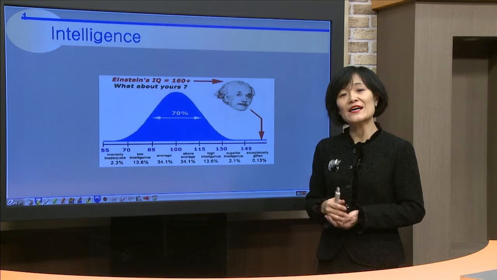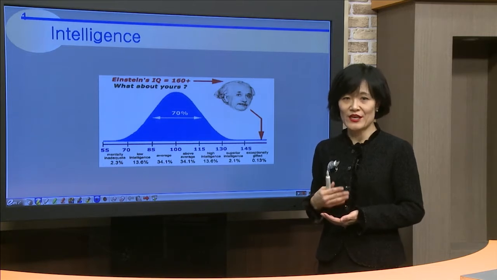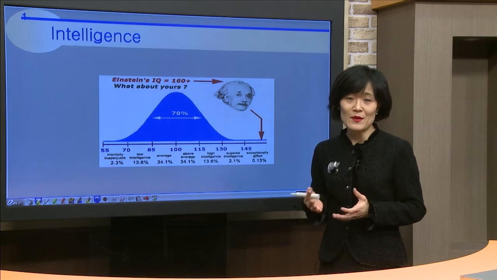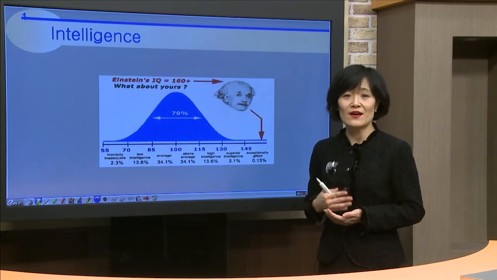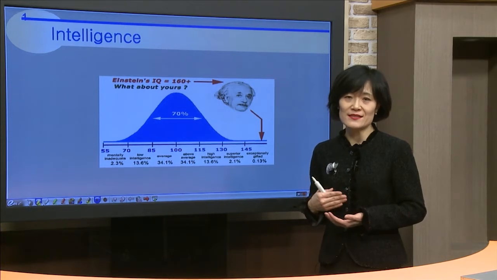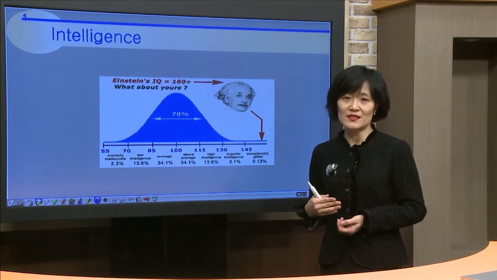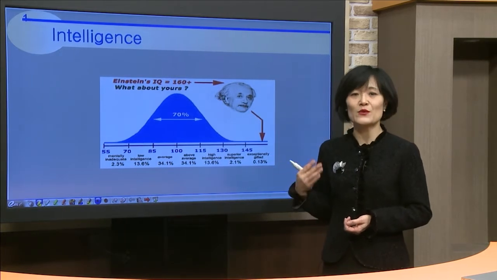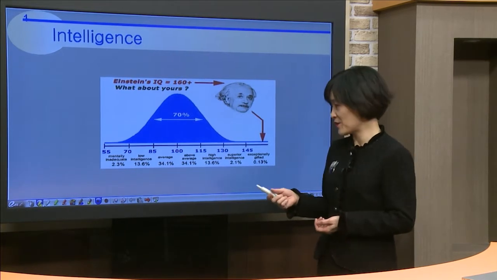Probably at least one time in your school years you took different kinds of IQ tests, and maybe you are very satisfied with your IQ score, or maybe you feel that your score doesn't reflect your intelligence. So we're going to think about what intelligence is and what an intelligence test tells us.